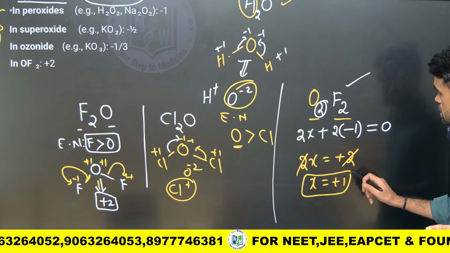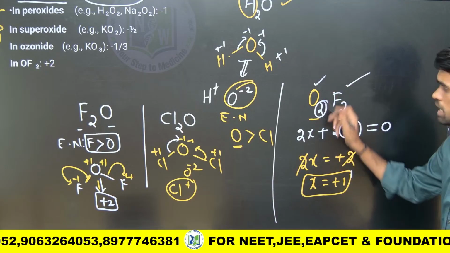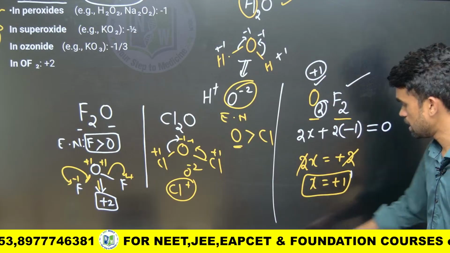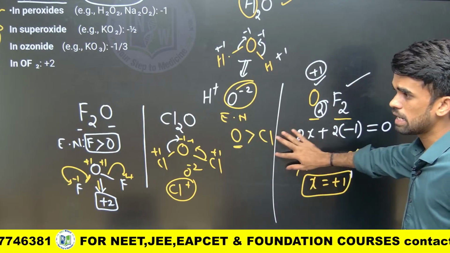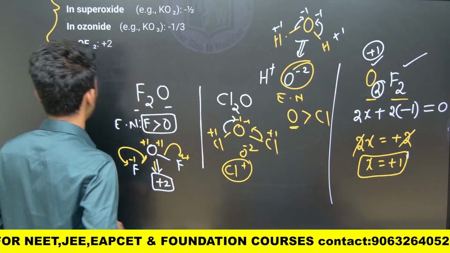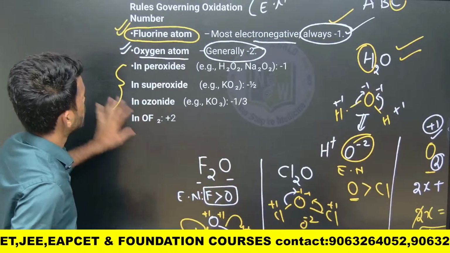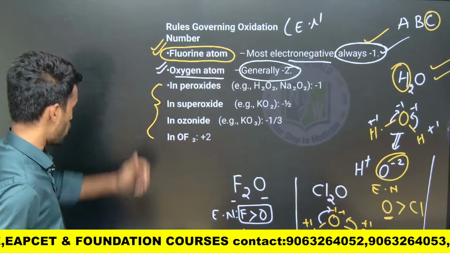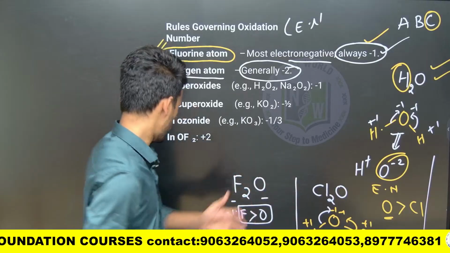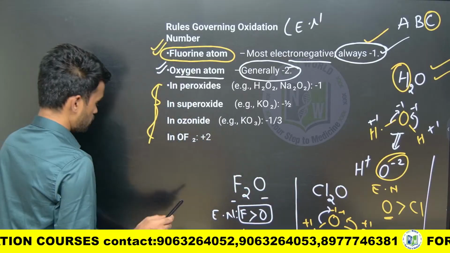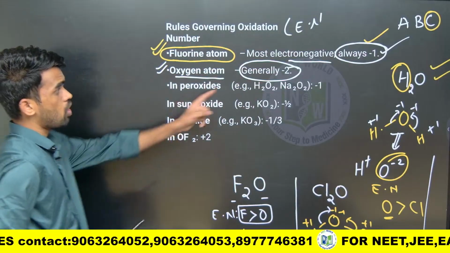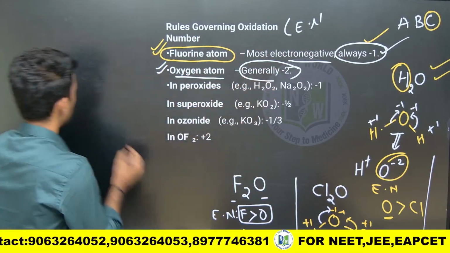Now what is the oxidation state of each oxygen? It will be +1. Right. Next, now here we will take one more concept: the concept of oxidation states of oxygen in different forms. Generally, what we told, the oxygen atom will be -2.